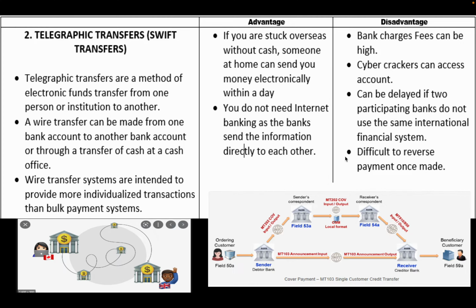So this swift transfer is from one bank to another. It can be done in bulk or as an individual transfer of cash. These are the pictures that show a sender and then a receiver.